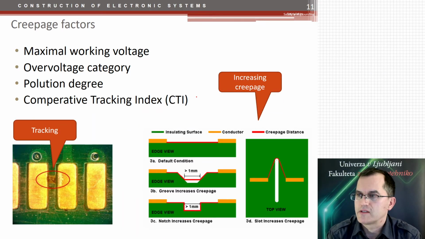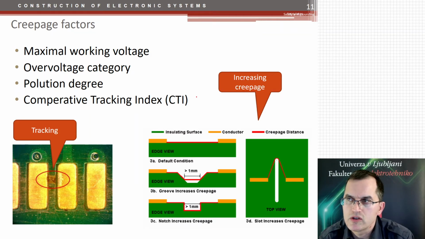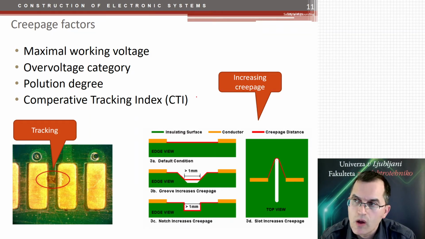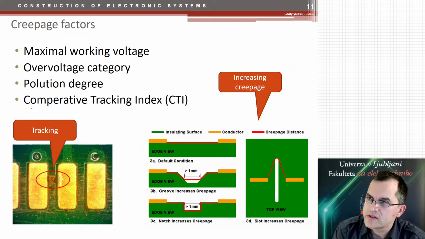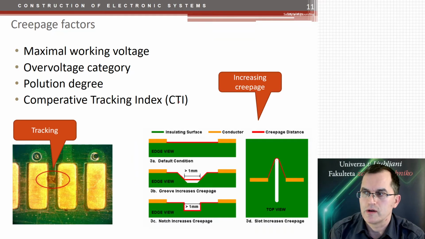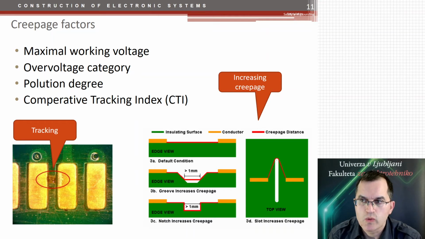The creepage factors are, besides the maximum working voltage, overvoltage category, and pollution degree, also dependent on the so-called comparative tracking index. A comparative tracking index is the property of the surface of your PCB. What can happen on the surface? You can get conductive tracks, which are carbonized surface areas of your PCB because of the pollution and the high voltage.